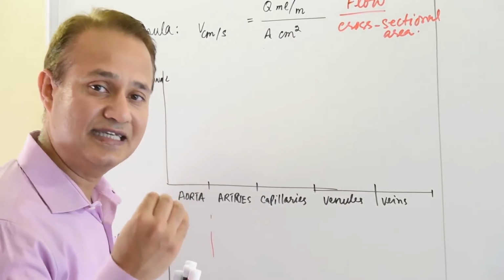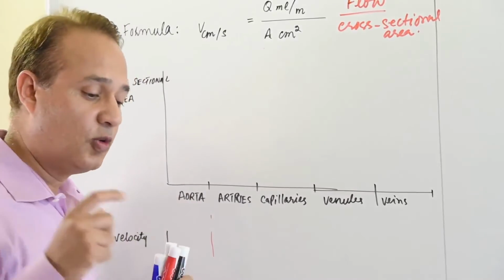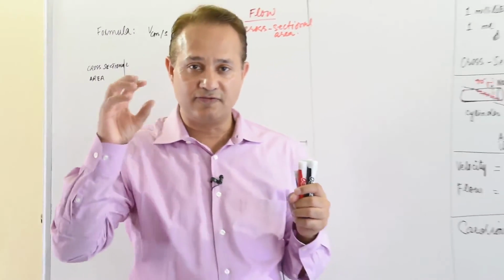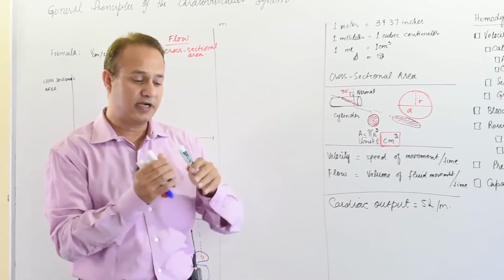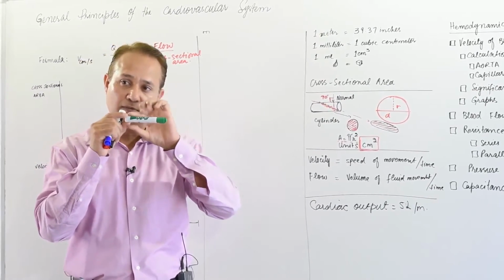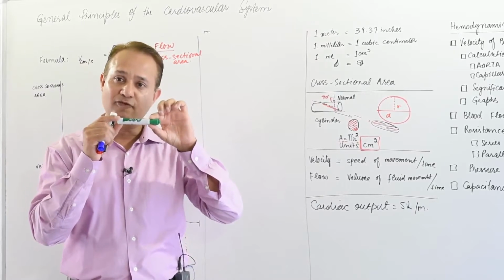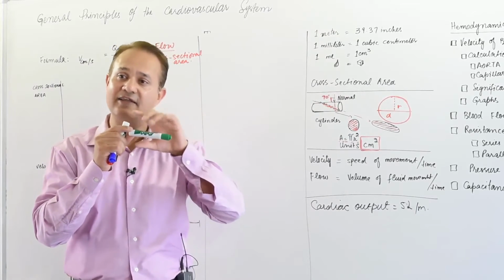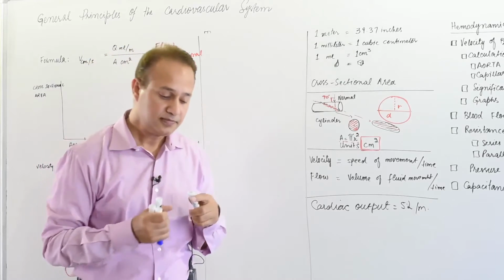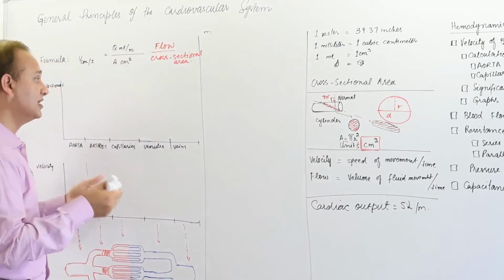If the area is decreased, velocity would increase. What we mean is, if we have the same volume of the fluid, then if you put it in a smaller diameter blood vessel, then the velocity should be different than if you put the same fluid into a larger diameter. So that is the inverse relationship there.